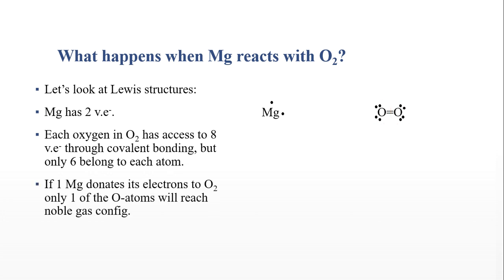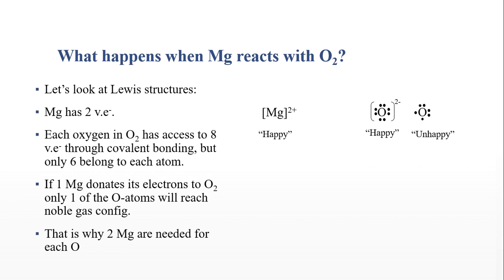So if we think that we have one magnesium atom here that comes into contact with one oxygen molecule, it has the opportunity to donate its electrons and reach a noble gas configuration, like so. If this magnesium atom donates its valence electrons, only one of the oxygen atoms will reach a noble gas configuration. We'll end up with something along these lines right here.